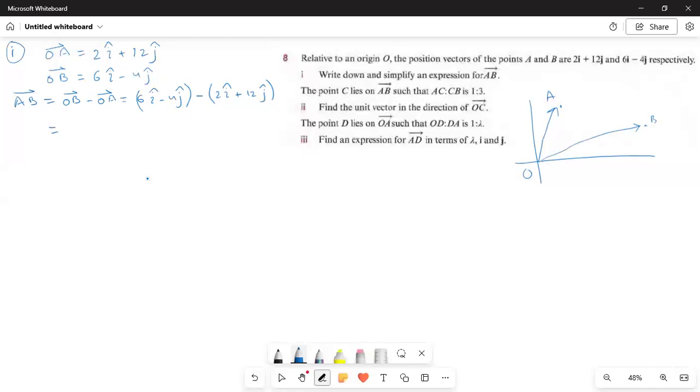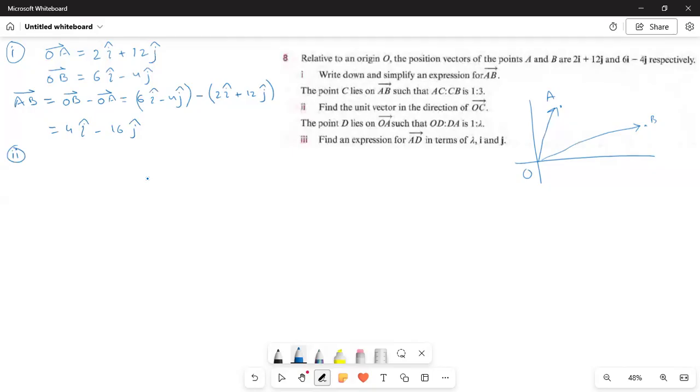So 6i minus 2i is 4i, and minus 4j minus 12j is minus 16j. So this is my AB vector, which is in the direction of AB. AB is done. Now, second part.